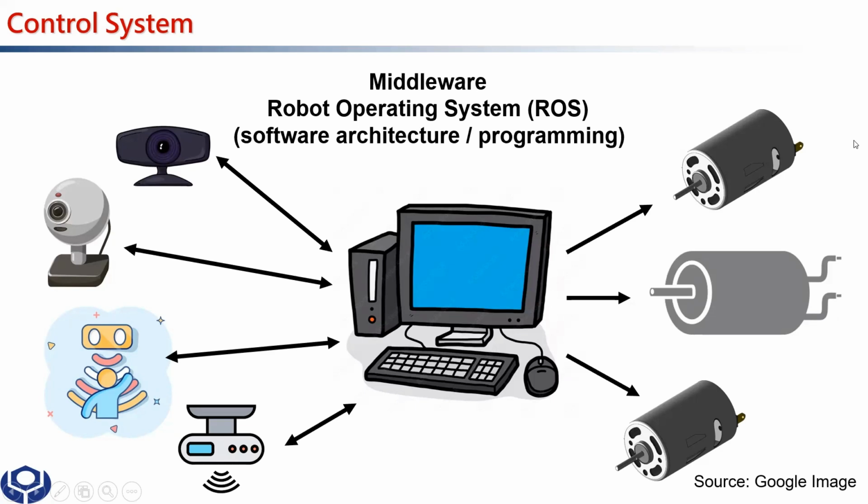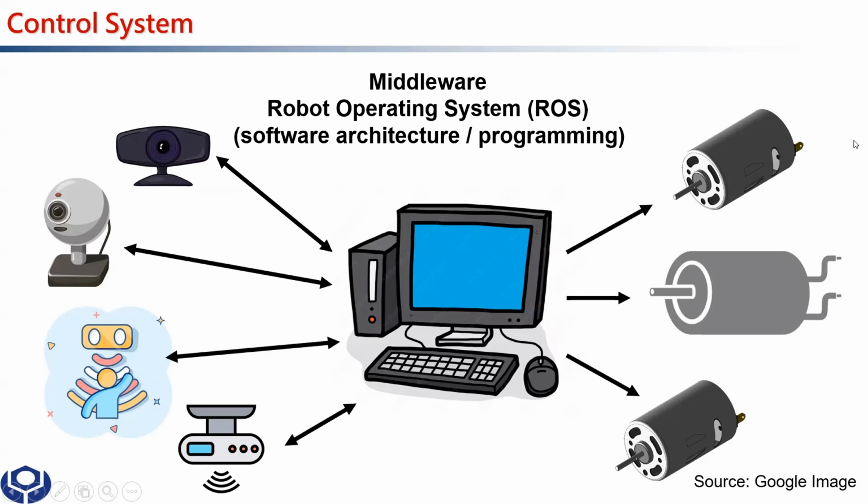One very famous system is called the Robot Operating System. Usually we just call it ROS. With this system, ROS, we may send signals or commands to these devices to ask the camera to take a picture or take a video, and also send commands to sensors like ultrasonic sensors to receive the distance to obstacles, and then send the information back to the computer.